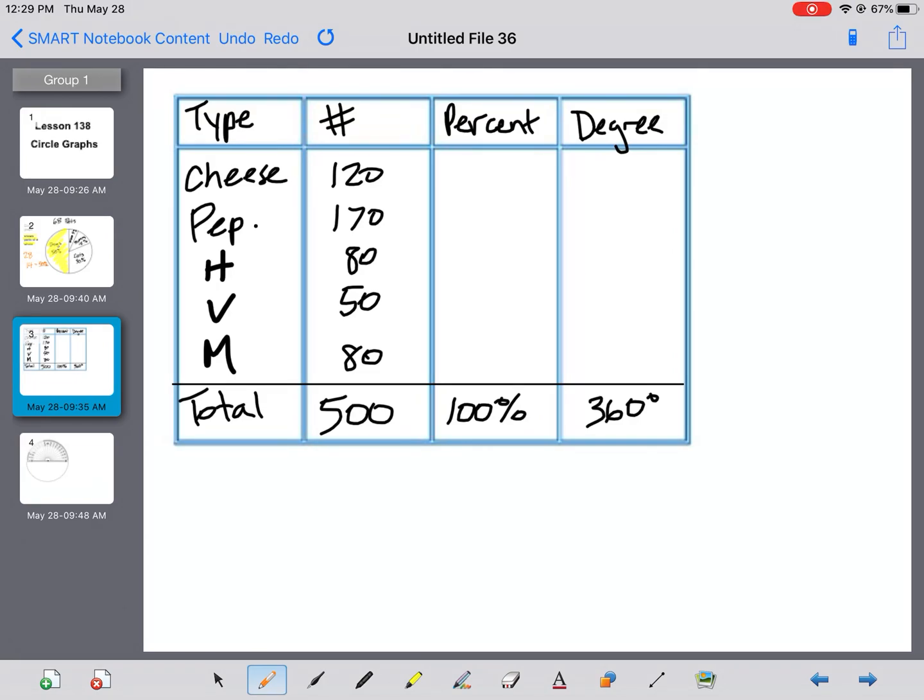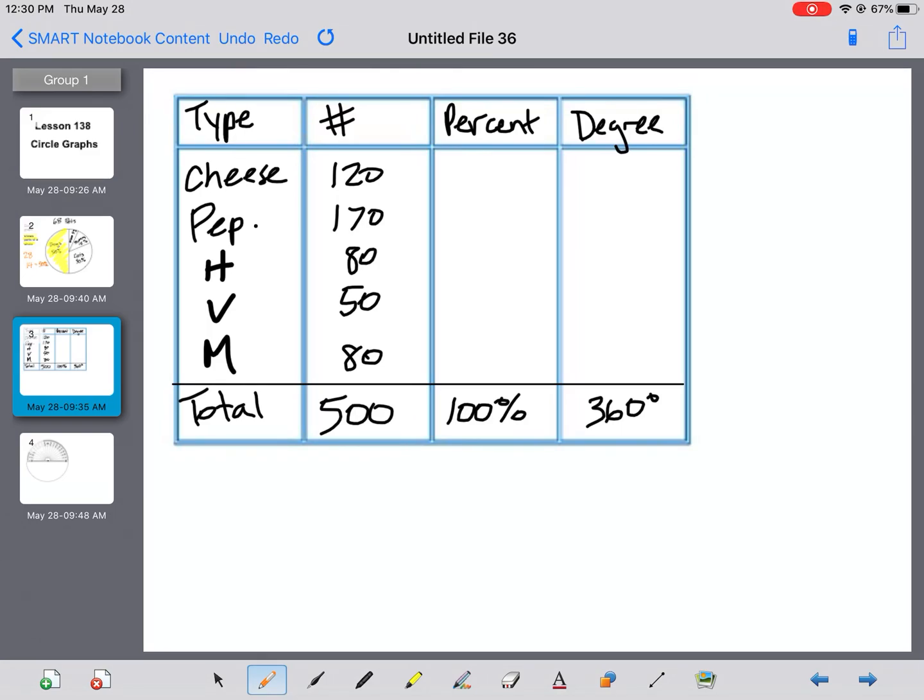I have recreated the chart here on this screen. So the favorite kind of pizza: cheese, pepperoni, Hawaiian, veggie, and meat lovers. Okay, so this is a recreation of what you should have in front of you. So imagine that there has been another survey. You asked 500 students what their favorite type of pizza is, and these were the results. 120 thought cheese was their favorite, 170 pepperoni, etc., etc.